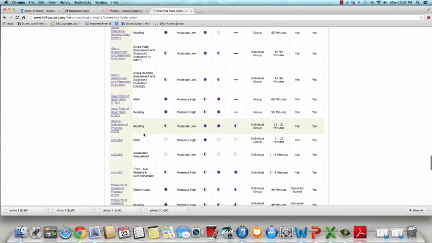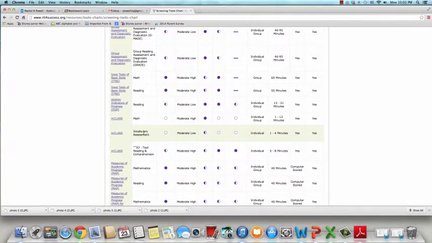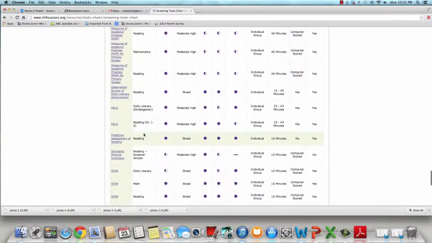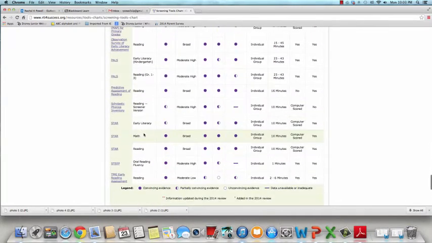Here is mCLASS, which is also compatible with DIBELS. Here's STAR, which is what I was talking about, the Renaissance Learning. Has early literacy, it's 10 minutes computer scored. But again, on a computer test, how are you going to know what they're doing orally?